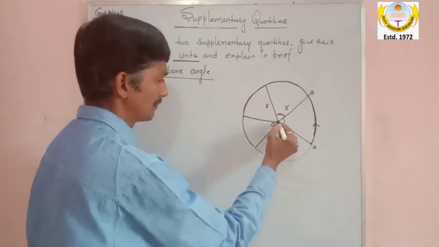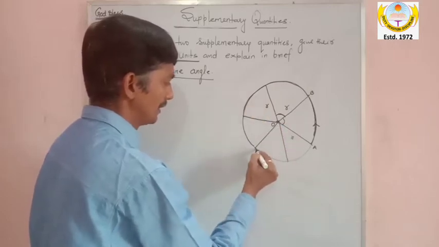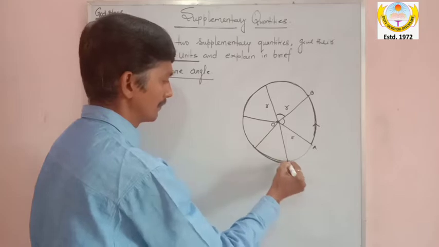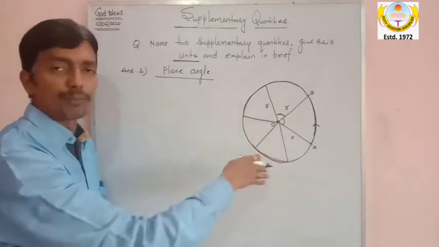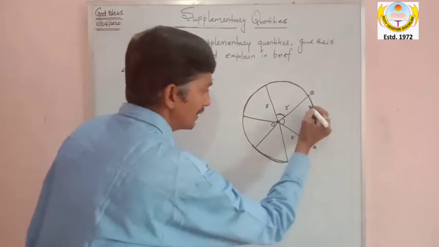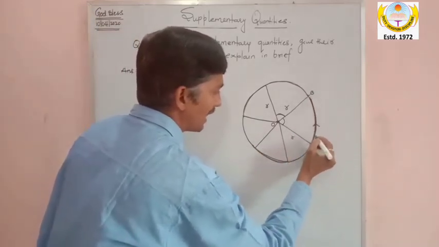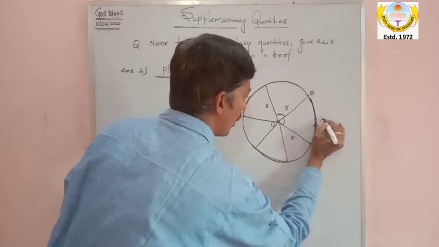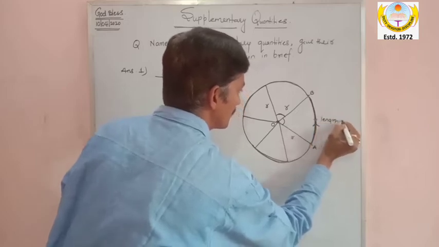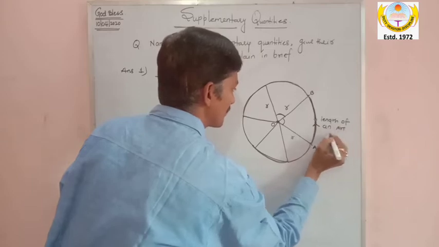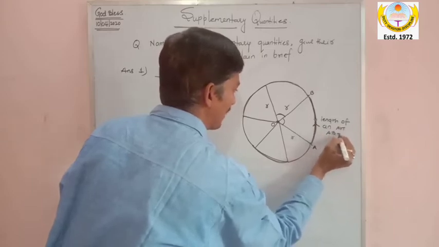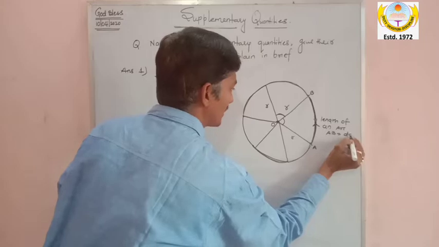You can see. And so on. So, my dear, what is the observation here? You can see this is the arc. And let me assume the length of an arc AB is, say, ds.